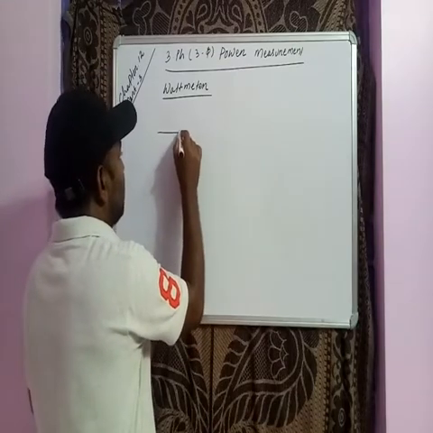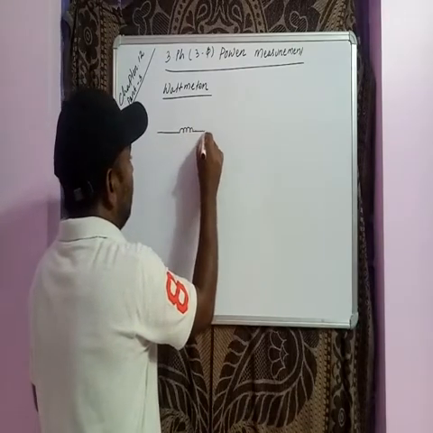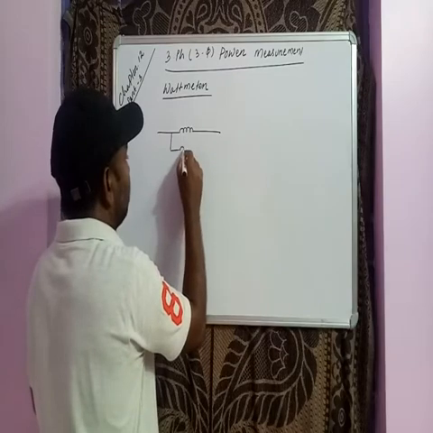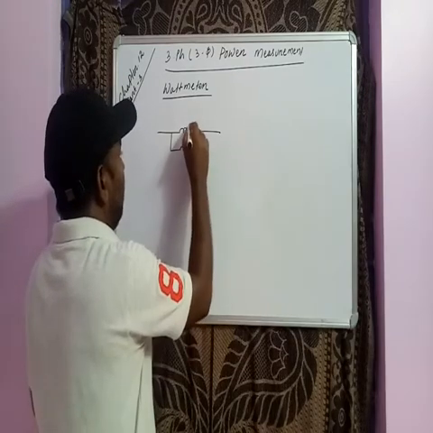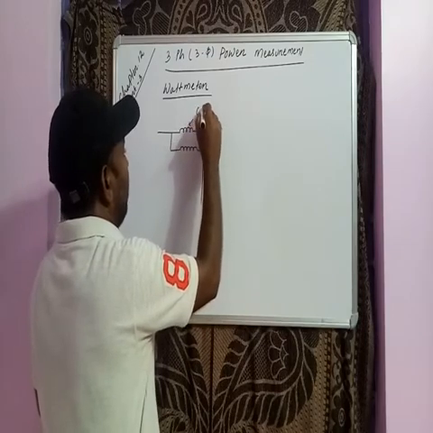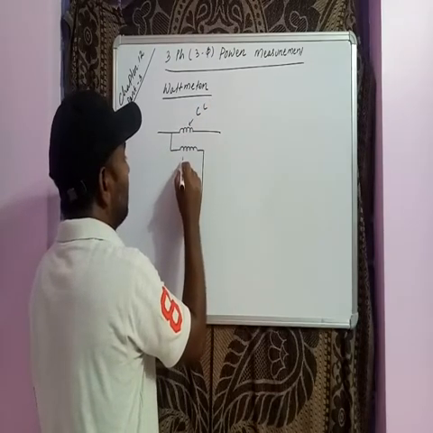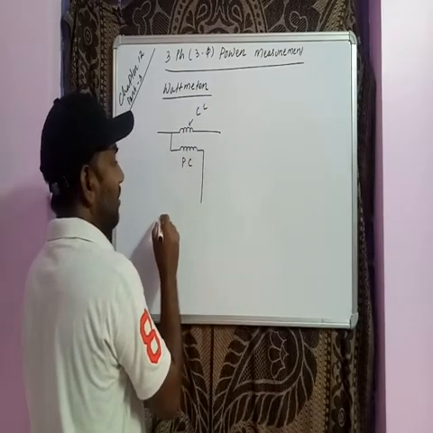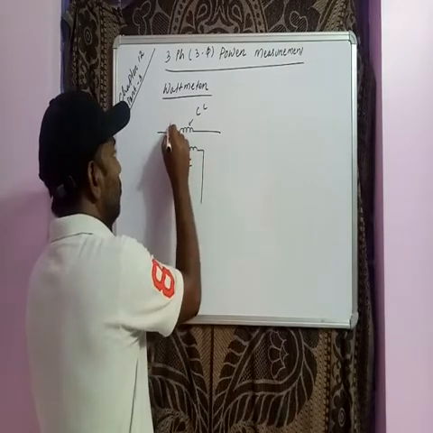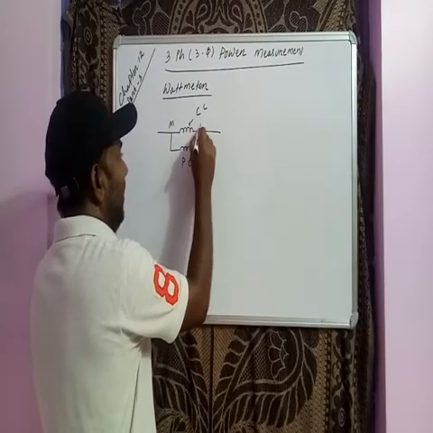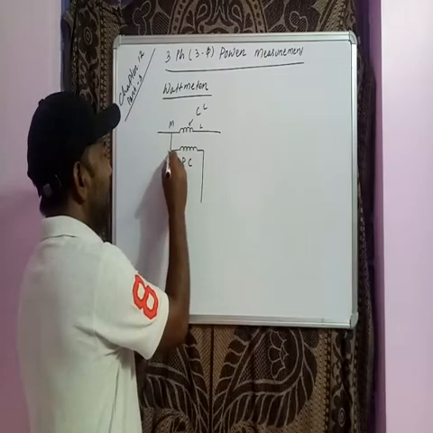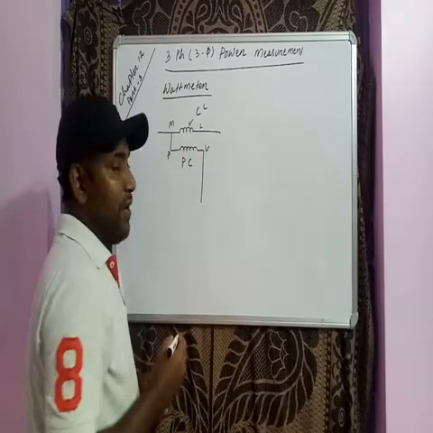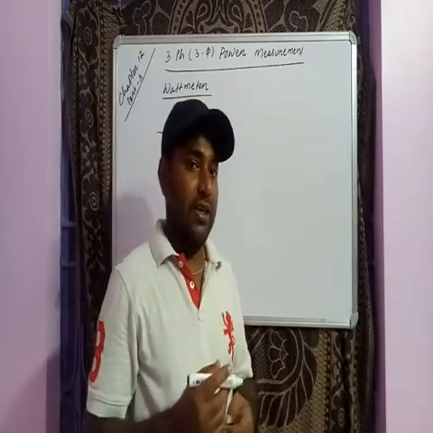There I also discussed that the wattmeter has two coils: one current coil and one potential coil. M and L are the terminals of the current coil, and P and V are the terminals of the potential coil.